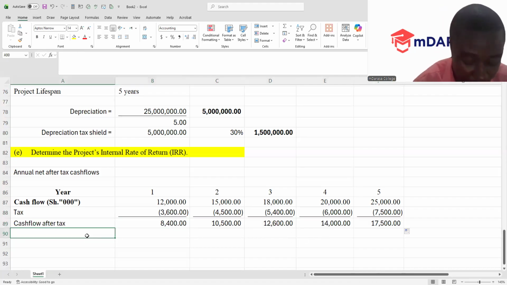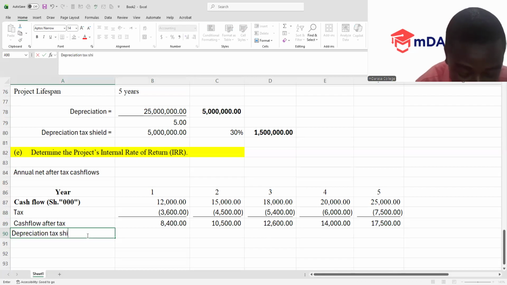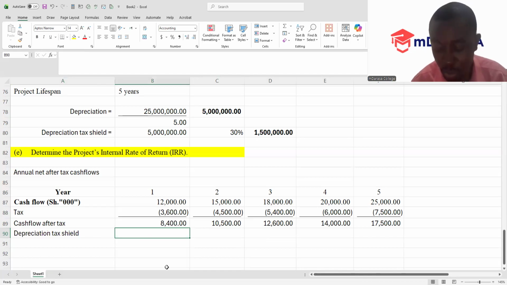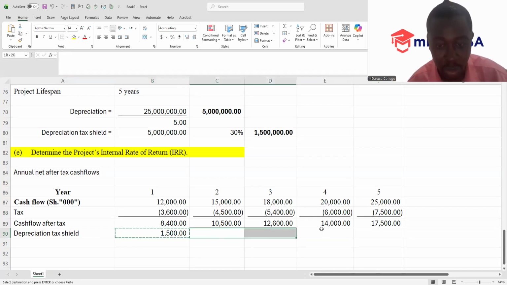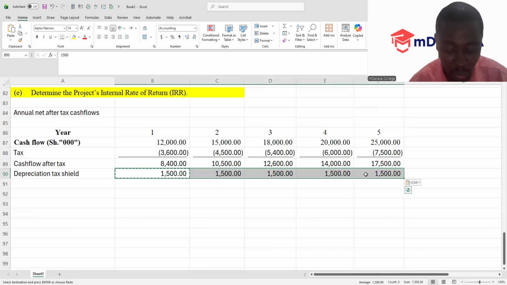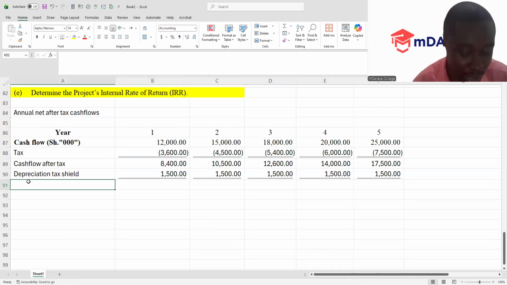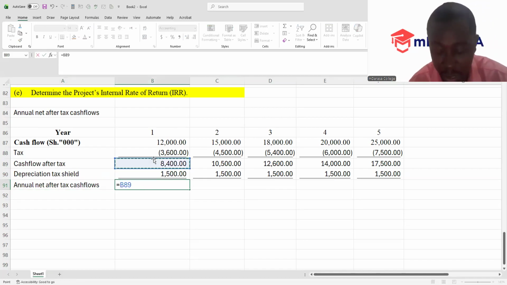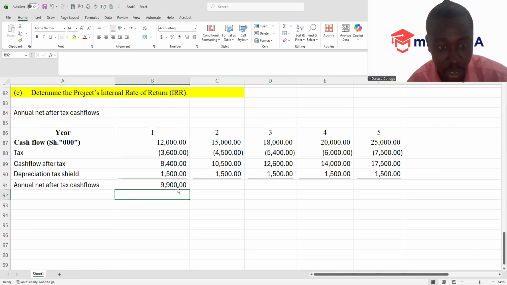We come and add the depreciation tax shield. See, the depreciation tax shield, we've seen it is 1.5. Because our values are in thousands, we take 1.5. So that eventually, when we talk about annual net after tax cash flows, we have that plus the depreciation tax shield.